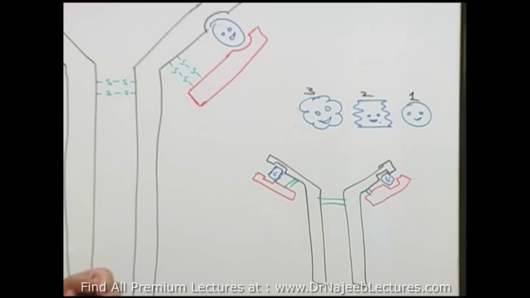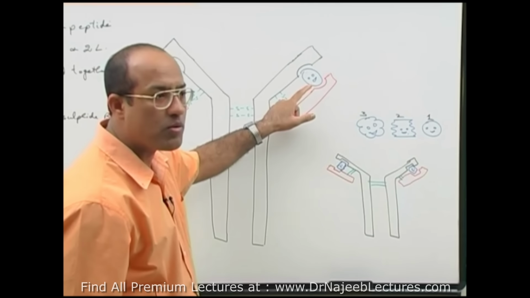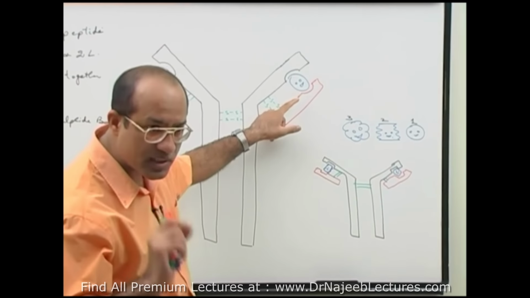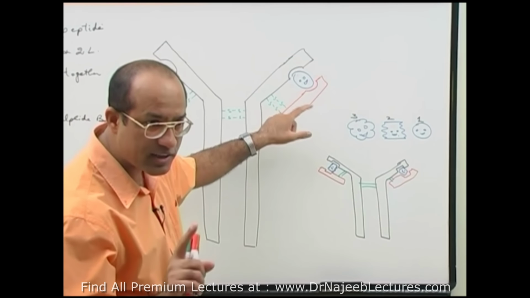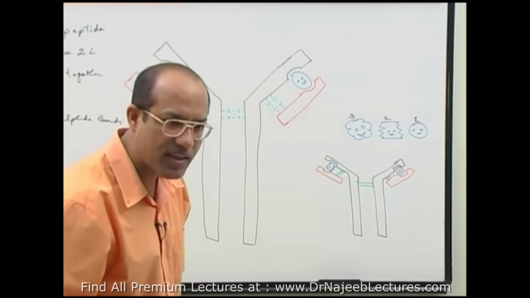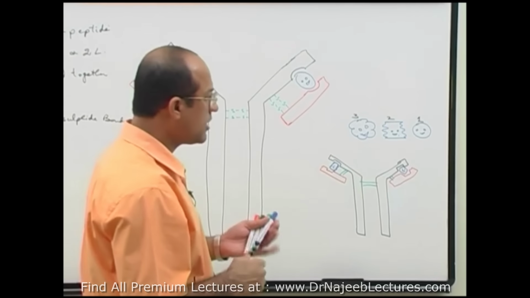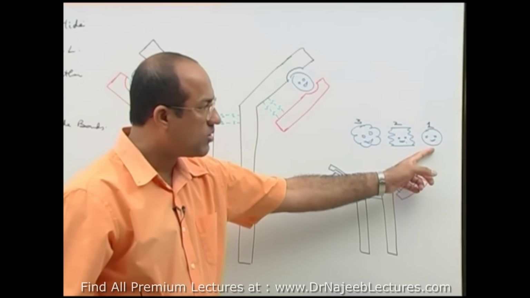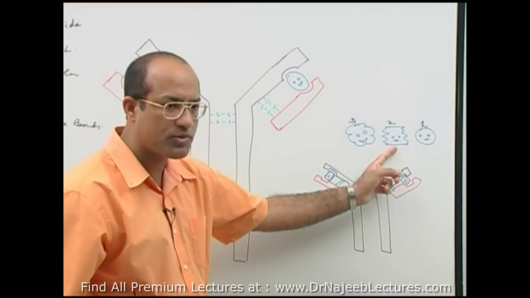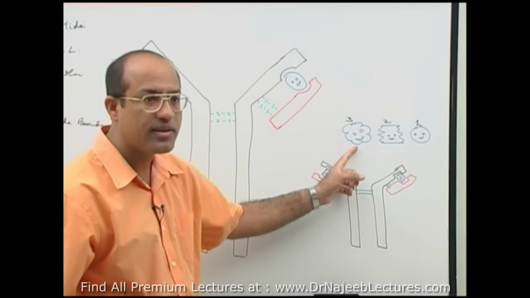So what we see is that this part of the heavy chain and the light chain varies from antibody to antibody when antibodies are directed against different antigens. So suppose we have 3 antibody molecules, one for this antigen, another for this antigen, and another for this antigen, then what will happen?